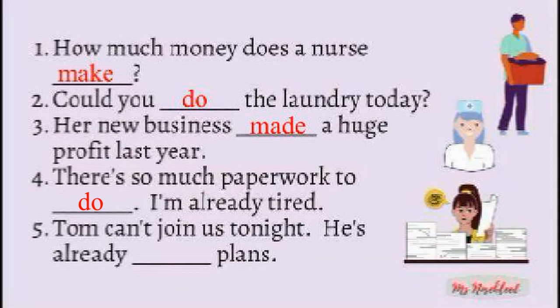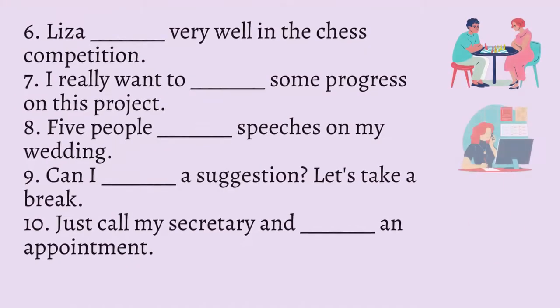Number 5, Tom can't join us tonight. He's already, yes, made plans. Remember, it should be in the past because he has already. So actually, it's present perfect. He's already made plans. Good. So let's do 5 more.